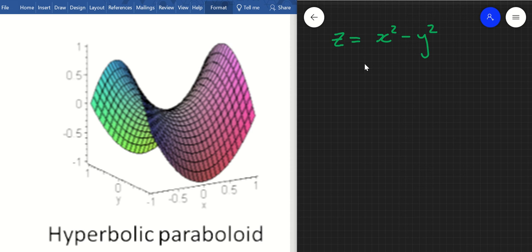So how can we have differentiation when x and y are varying? Well, what we can do is look at the kind of curves that you get along a line of constant y.